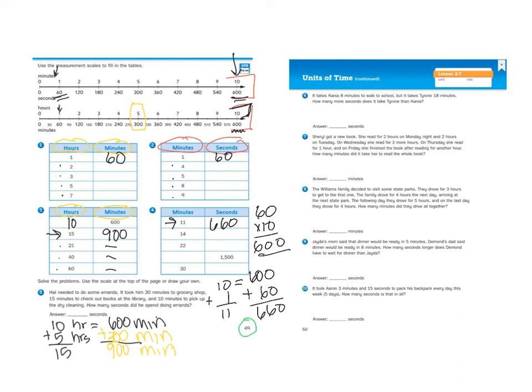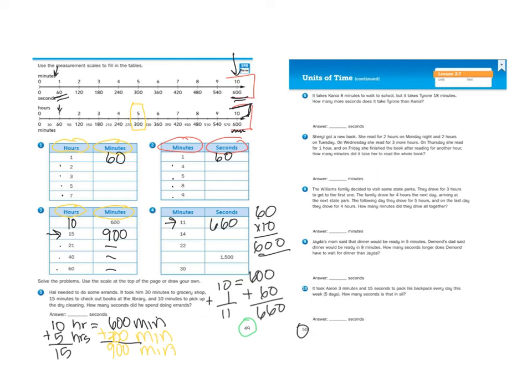You're also going to work on page 50. On this one, there are 5 questions in which it's kind of a scenario. Make sure when you're doing this that you are converting the right amount in each one. Let's look at number 6.